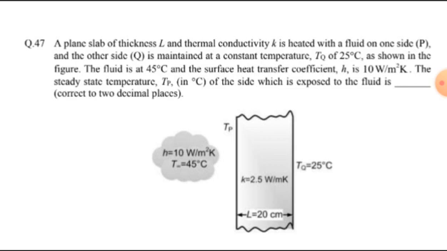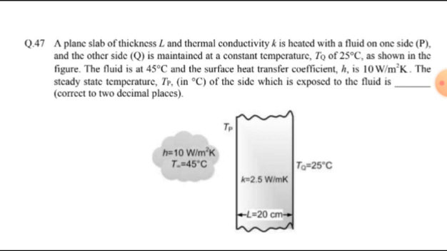The fluid is at 45 degrees Celsius and the surface heat transfer coefficient h is given as 10 watt per meter square Kelvin. The steady state temperature at P, in degrees Celsius, we have to find. We have to find TP. Look at the figure.